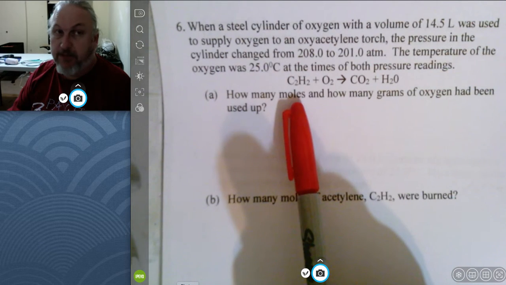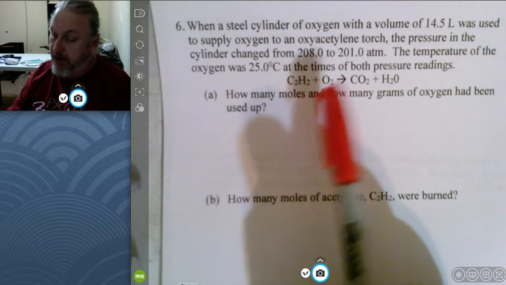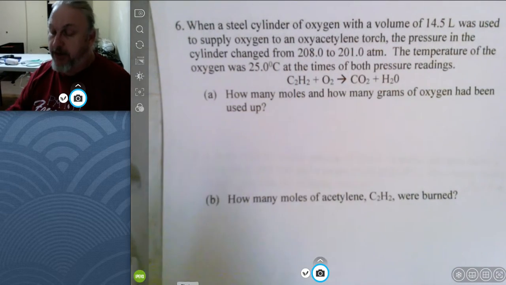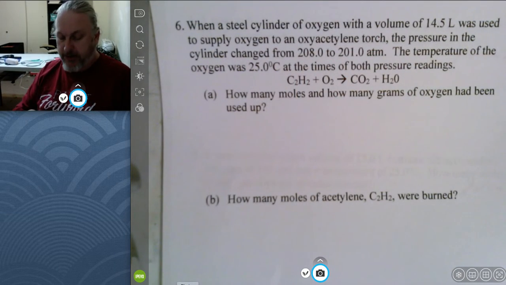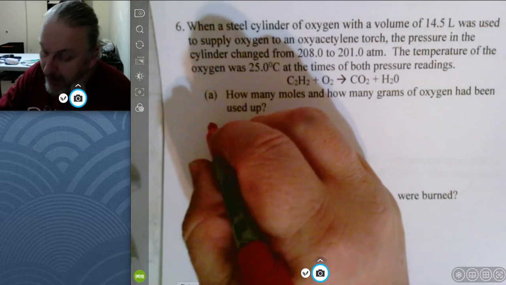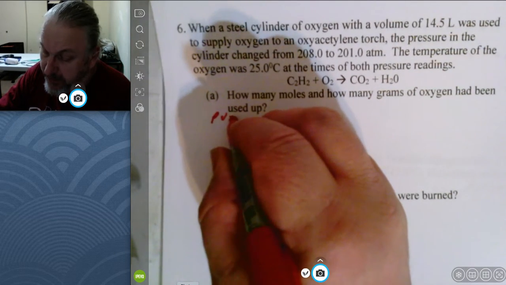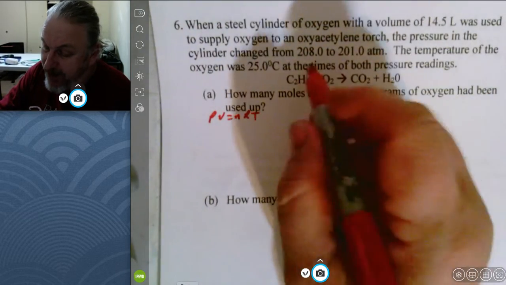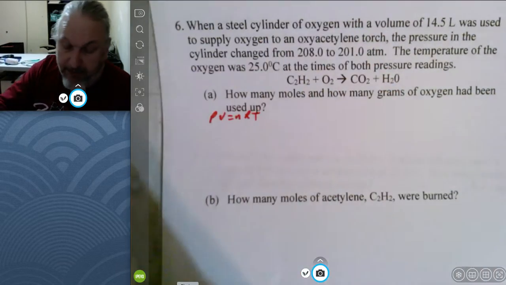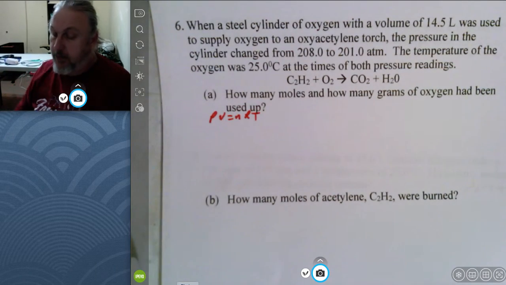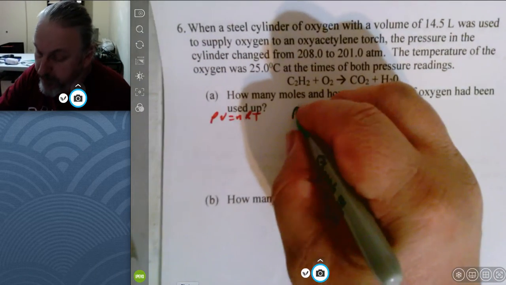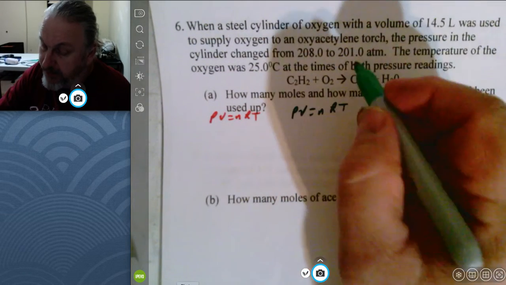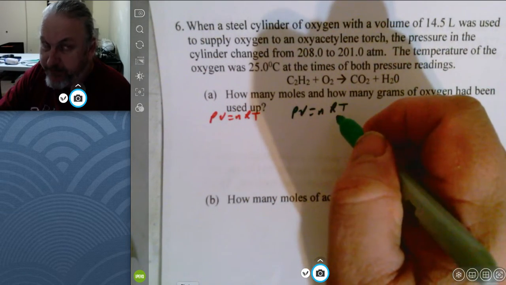So you got to find moles first. All right, so pressure, volume. Well, I'm going to tell you how we're going to do this. This is a two-step problem. I would do PV equals nRT at the 208 atmosphere one. Then I'm going to switch around and do PV equals nRT at the 201 atmospheres.